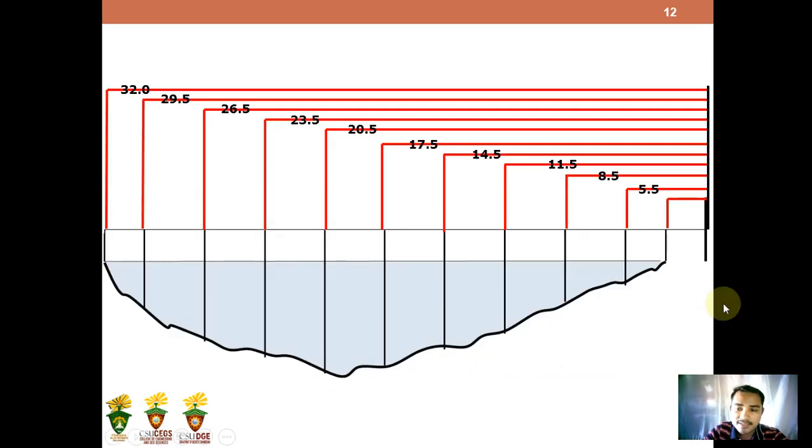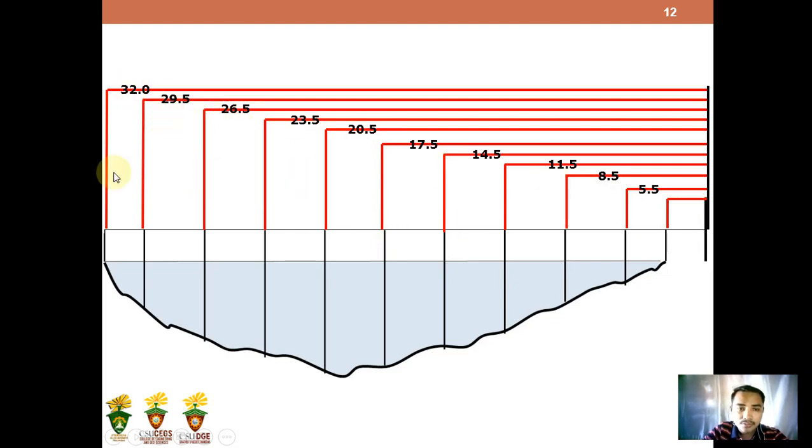So again, this is the reference point, and this is the starting or the right water edge, and this is the left water edge. So from the reference point, this is 3.0, 5.5, 8.5, 11.5, 14.5, 17.5, 20.5, 23.5, 26.5, 29.5, and 32.